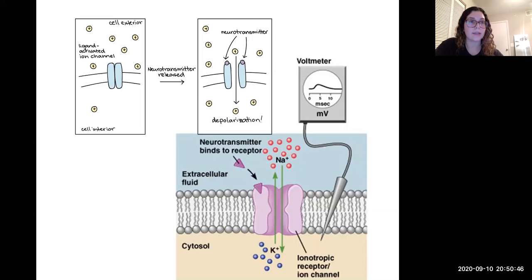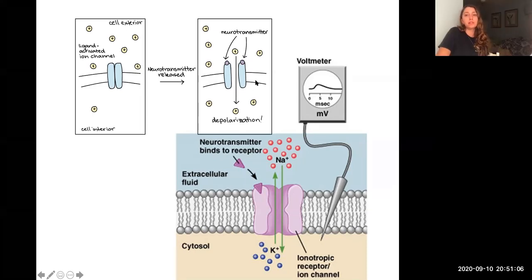I think she was just showing us it's a ligand binding thing, and that's what makes it open. Correct me if I'm wrong. I remember her saying something about ligand binding in this picture. From what I can see, this is a ligand activated ion channel, and the neurotransmitter will bind to the receptor on this channel, causing the sodium to rush in, which causes depolarization of the cell.